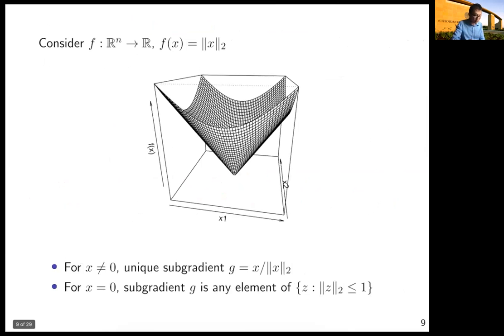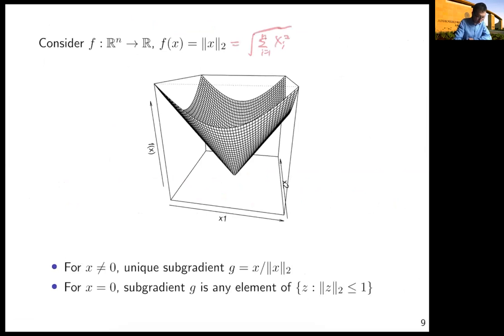Okay. So let's now generalize the conclusion to a higher dimensional space. Let's think about a norm rather than absolute value. So let's consider the Euclidean norm, which, for people who don't remember, is the sum over i from 1 to n of xi squared, and then you take the square root on the outside.